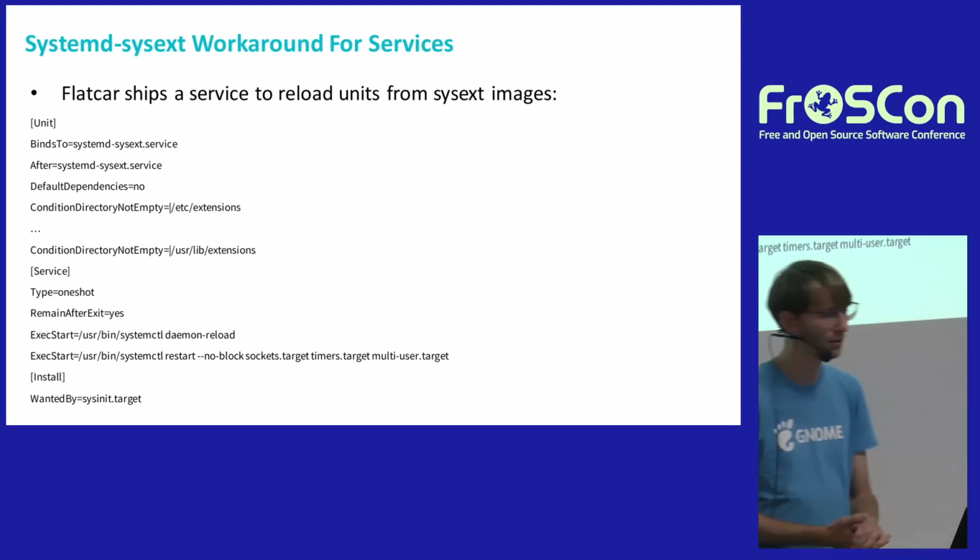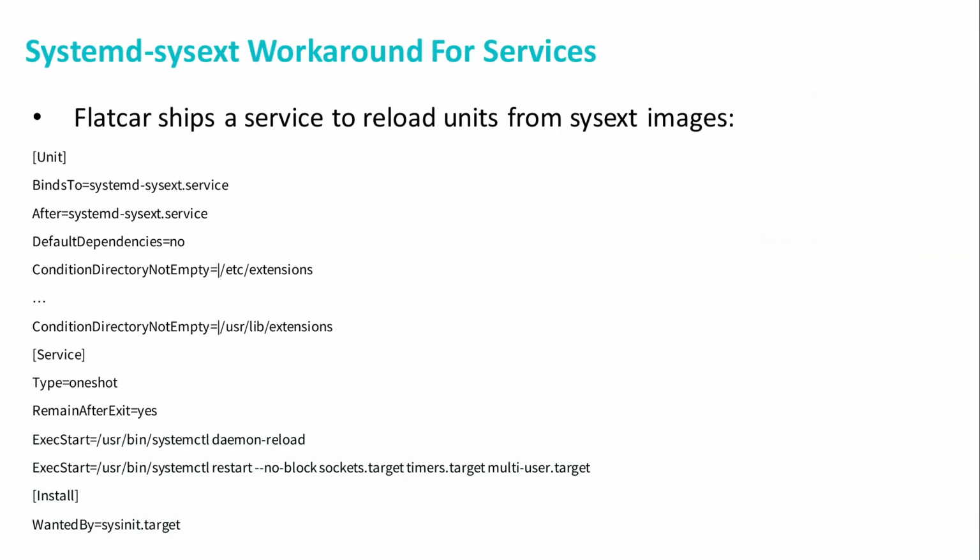And so I talked about having it for shipping your service files. That means they would be started up on boot or when you load this systemd-sysext image. The workaround we have on Flatcar is this additional helper service that is run after systemd-sysext, and then it does these two commands you can see here at the bottom. It does the daemon-reload to make systemd aware of the new service files that are coming in now from the overlay mount, and then we restart the common targets that you have to enable your service units.